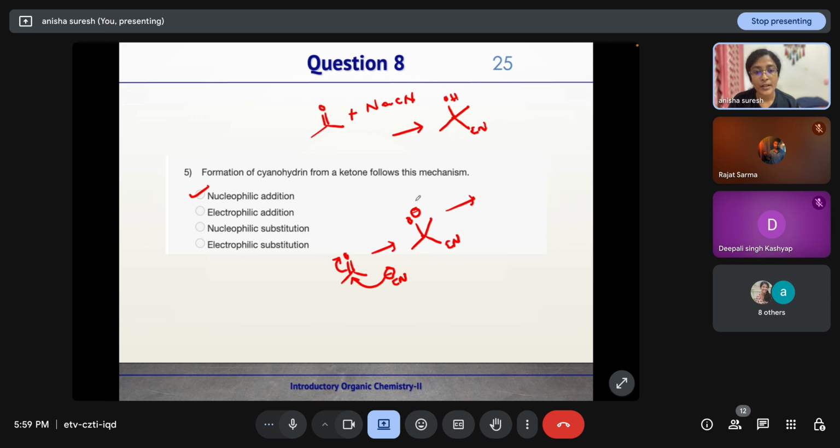Now, this can abstract proton from the medium, leading to formation of cyanohydrin. So this reaction is an example of nucleophilic addition reaction. The nucleophile, that is CN minus, is coming and adding to the electrophilic carbon center of carbonyl group. Okay.